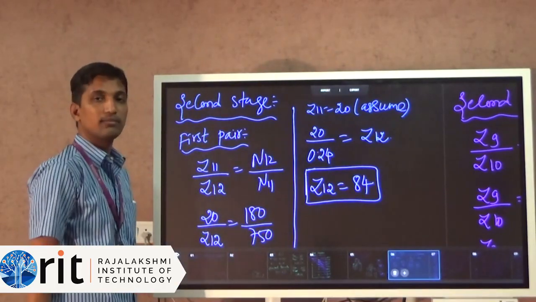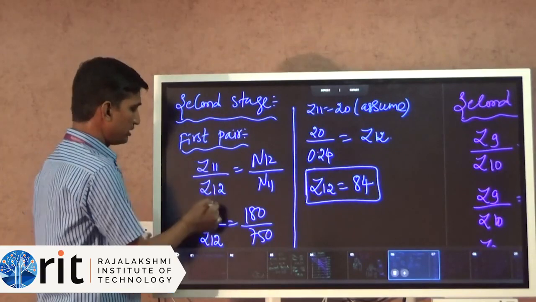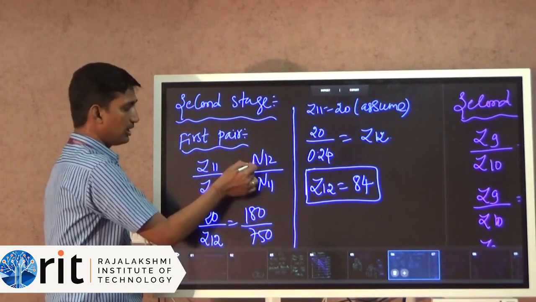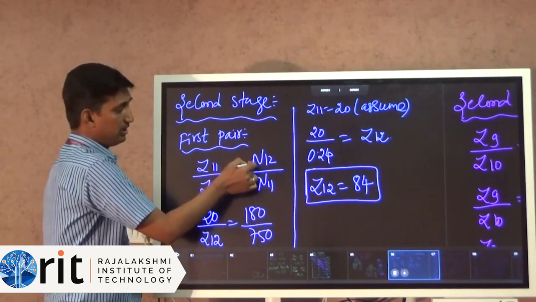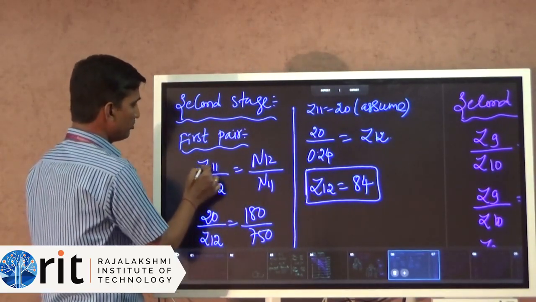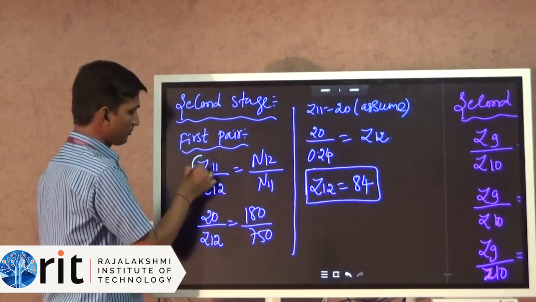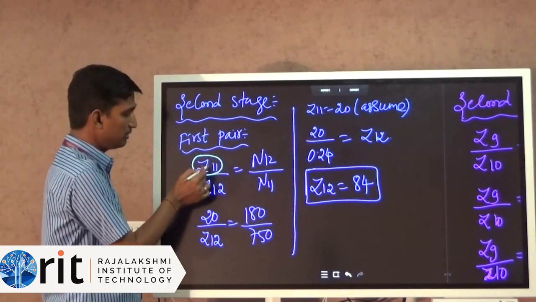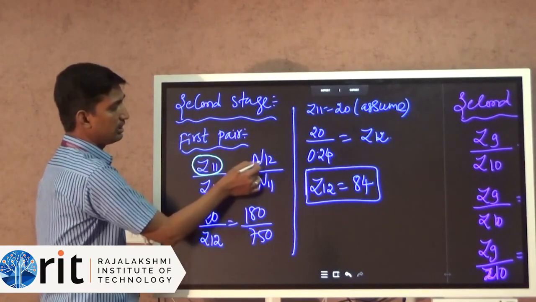Now I am going to take the first pair. In the first pair, we can see two gears, Z11 and Z12, and the corresponding RPMs N12 and N11. Now I am going to assume 22 for this particular Z11 and substitute that assumed tooth value here. Similarly, Z12 corresponds to N12.